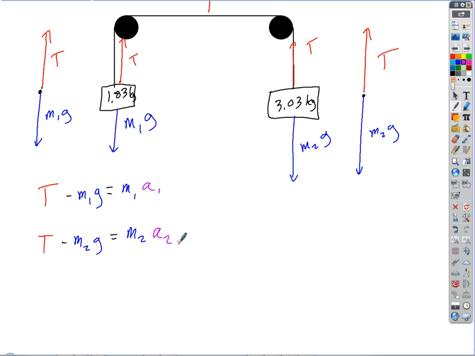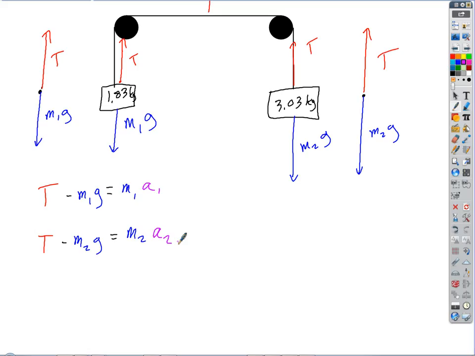In this situation, think about what we're saying here. We have to define some direction that this system is moving. This is a little more complicated, because this line is attaching these two masses. So we need to define, as the system moves, would you agree that this one going up and this one going down are going to happen at the same time?